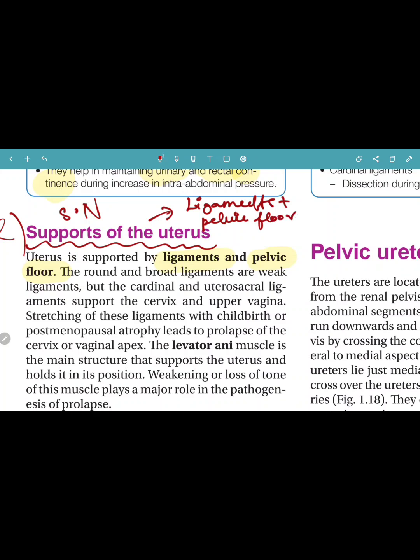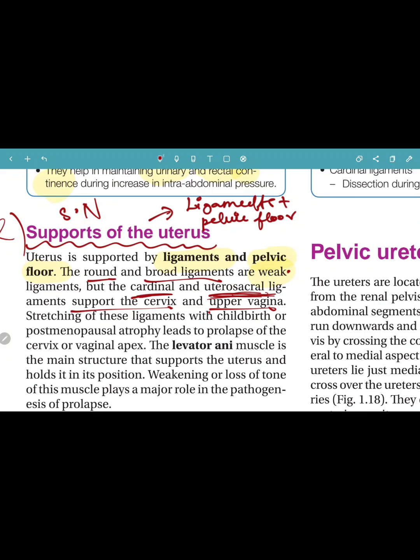The round as well as the broad ligaments are generally weak ligaments, but the cardinal and the uterosacral ligaments support the cervix as well as the upper vagina.